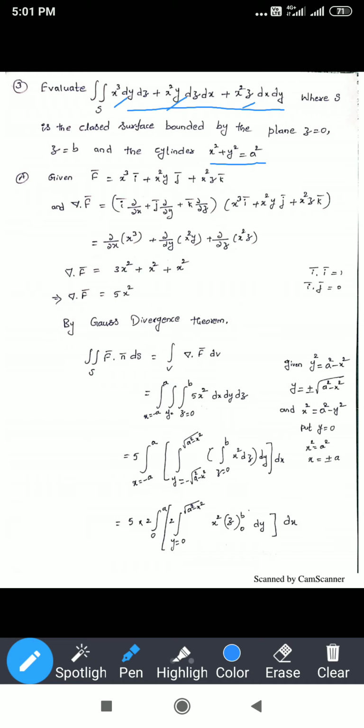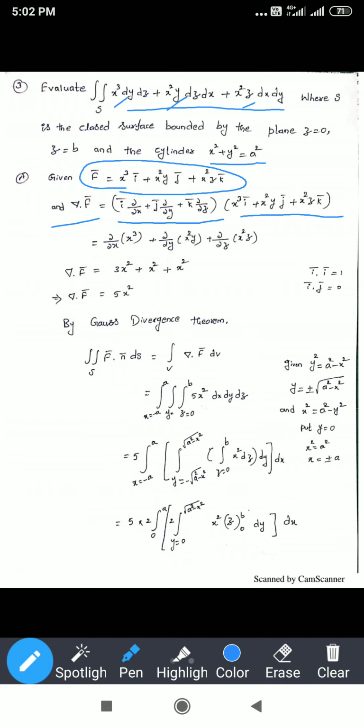When you write these scalars in combination, you get the vector f bar: x cube i bar plus x square y j bar plus x square z k bar. You know that we are going to apply the del on the vector f bar. So del dot f bar, this is the vector differential operator del, and this is the given vector f bar.